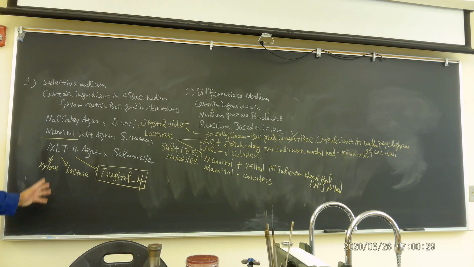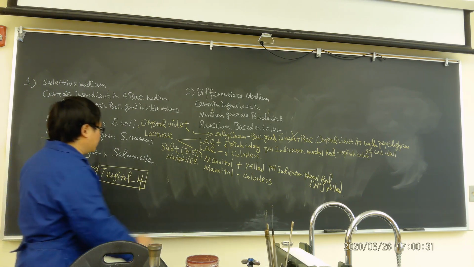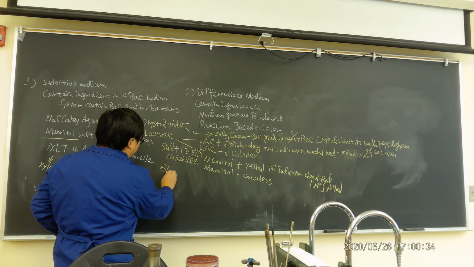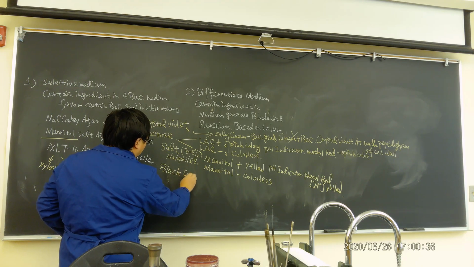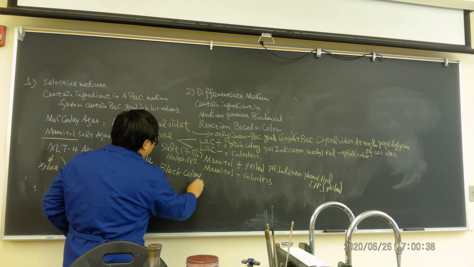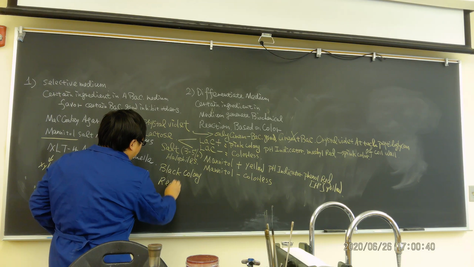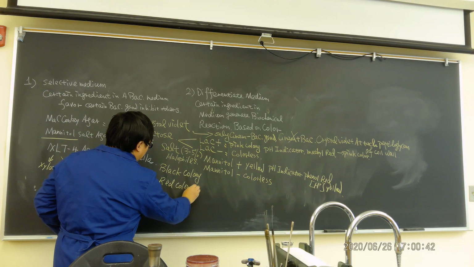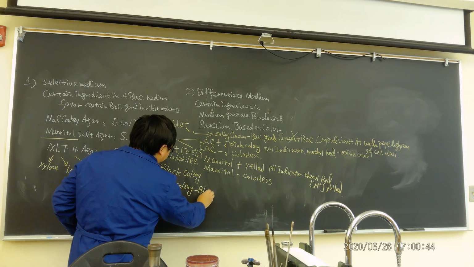Now, Salmonella grown on XLT4 agar is actually a black colony, or some of the textbooks will say red colony with black center.